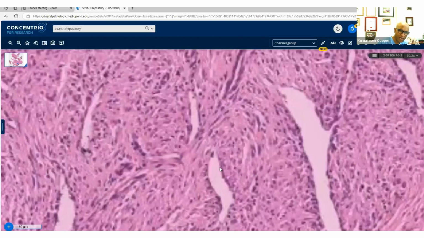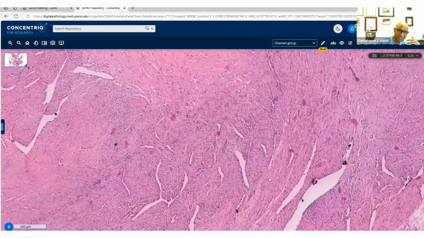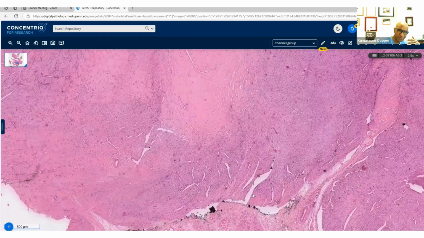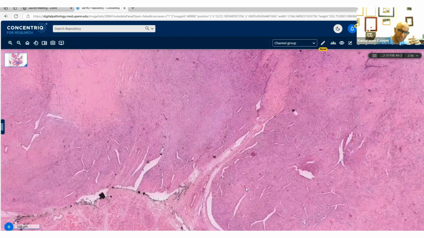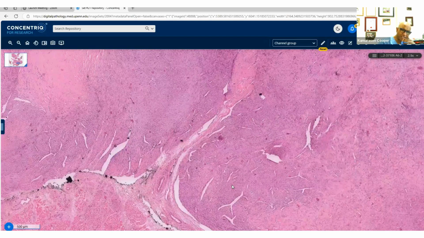These spindle areas are very bland, there are no mitotic figures, and they may sometimes have cleft-like spaces as well. When you read the textbooks, they talk about these cleft-like spaces around these tumors. You can see them here as well. And that's what I call this: a fibroma of tendon sheath, a cellular variant.